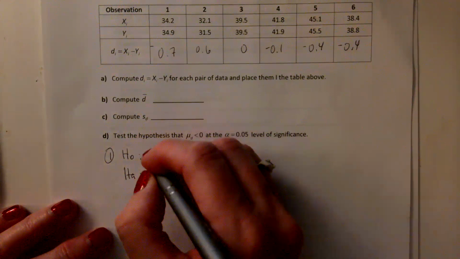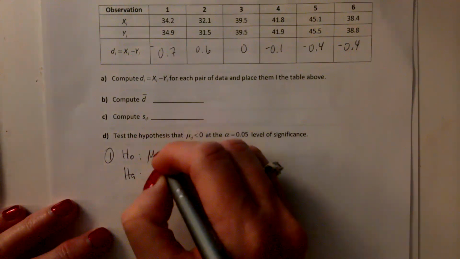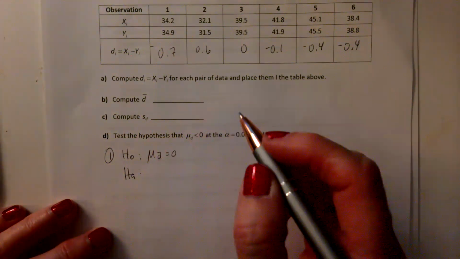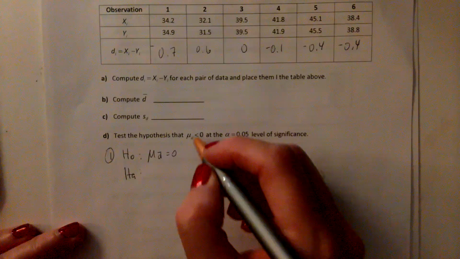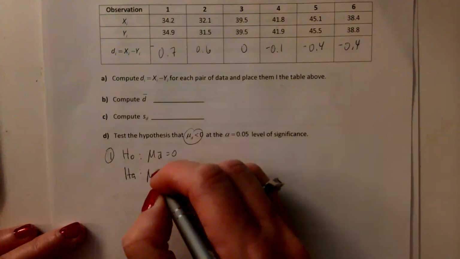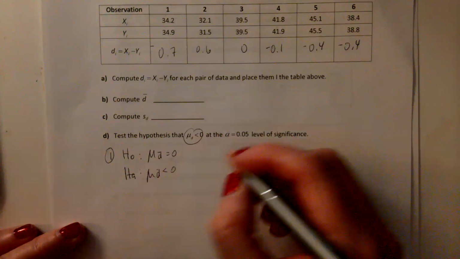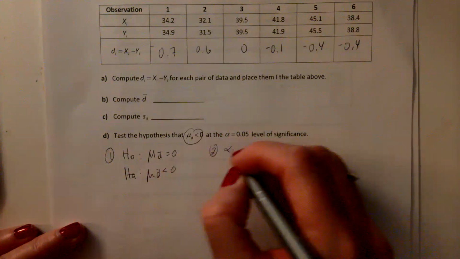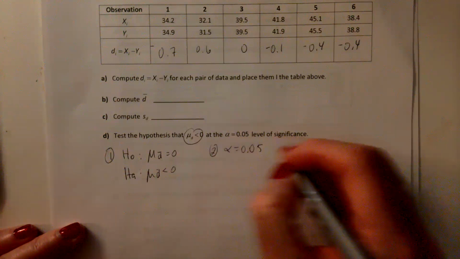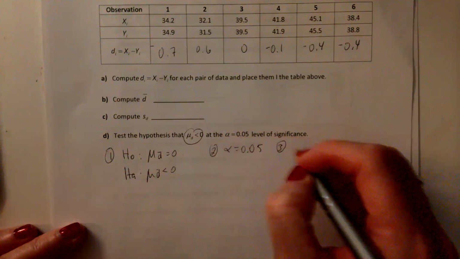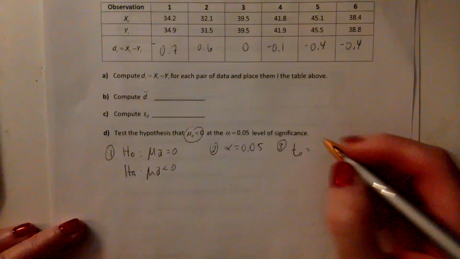So we are testing that there's no difference, and they want us to test that with a left-tailed test here. And so that means our test statistic is going to be a t0.